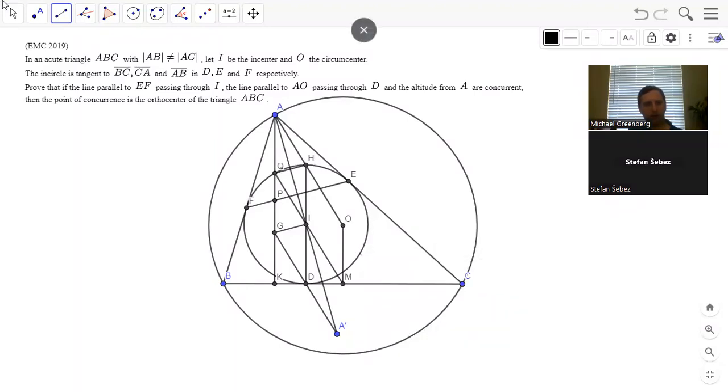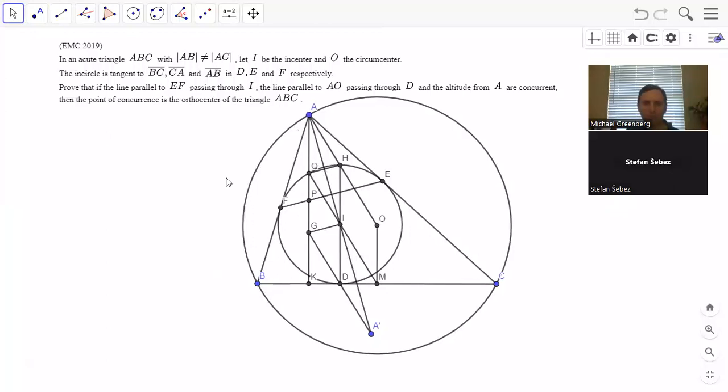So yeah, I could try to type it up quickly. We know that this is a kite and this bisects it, so it has to be a rhombus. So I think this also has to be a rhombus.